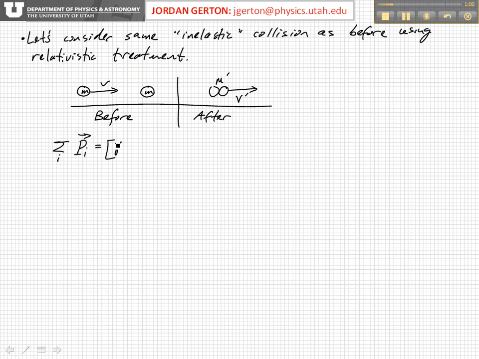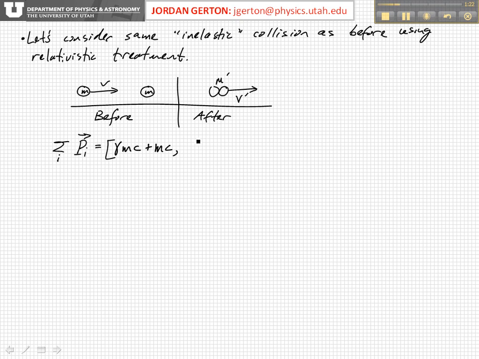So this is gamma mc, and then the non-moving particle, in this reference frame that we're in its rest frame, and so gamma is equal to 1, beta is equal to 0. It has 0 velocity, so gamma is equal to 1. So this is just equal to mc.